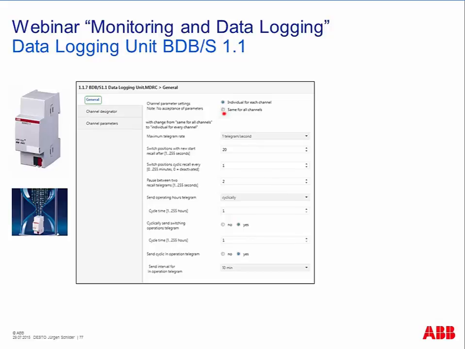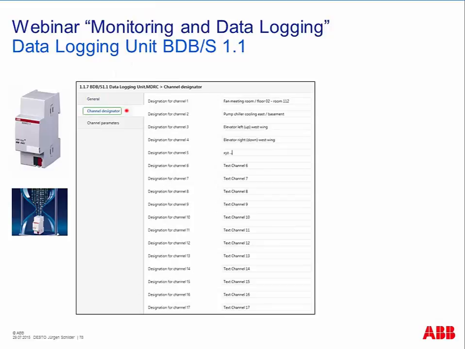Then we can set whether you would like to send the operating hours cyclically, yes or no, or the switch operation telegrams, and for example the time for the cyclical sending. This is in the menu General. In the channel designator, we can write a short text description to all our 35 channels.